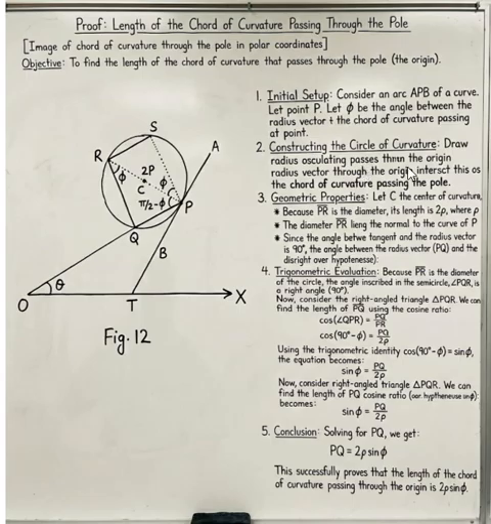Now draw the osculating circle through the origin, with its center, and the length is about 2 rho, where PR is the diameter.